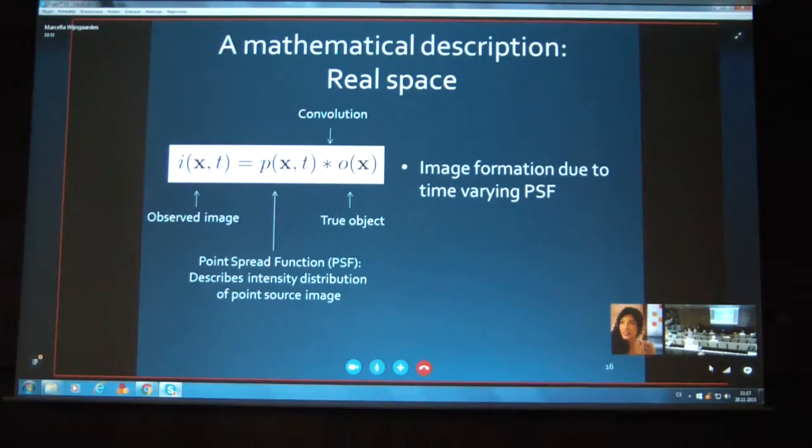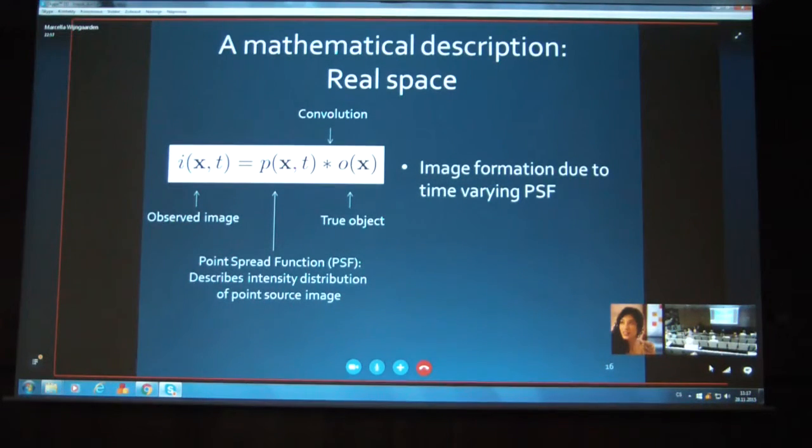And this function consists of two components. You see the p there, that is the point spread function. And this just describes how the light of the point sources is distributed across the image. And this function is then convolved with functions that describe the true intrinsic shape of the light of the object.